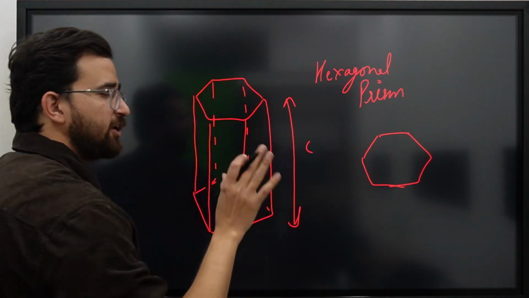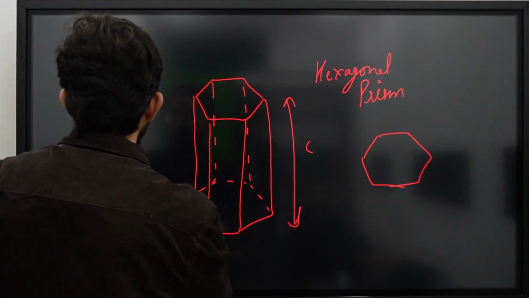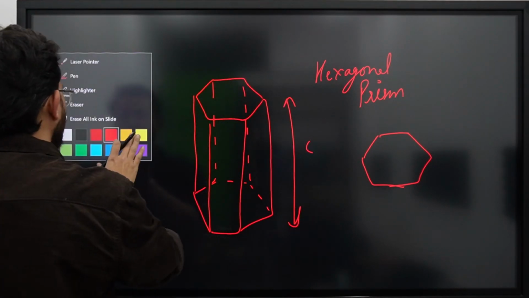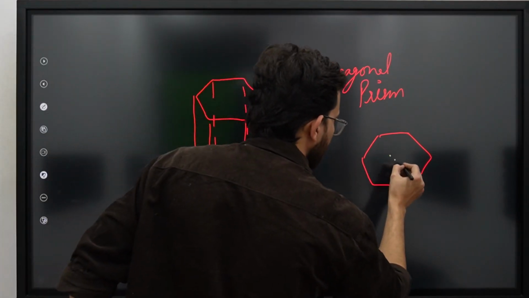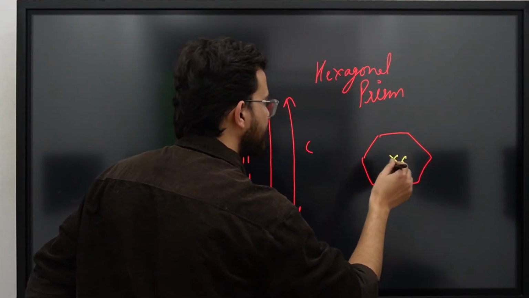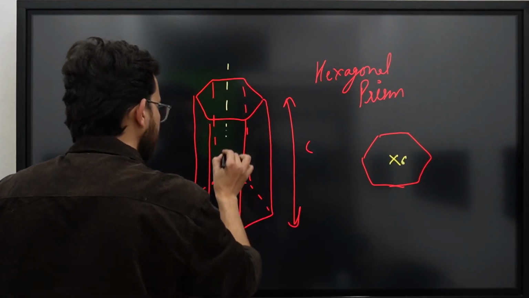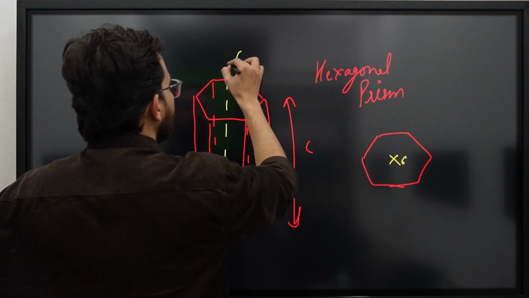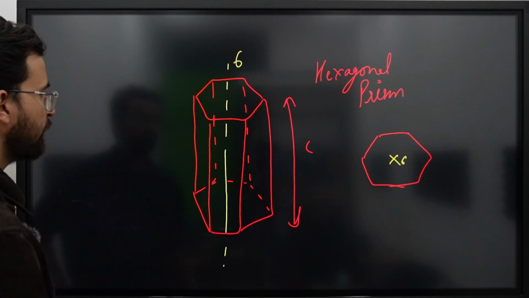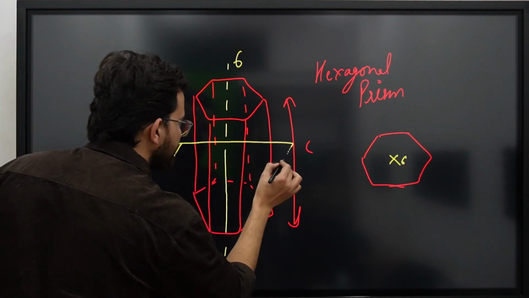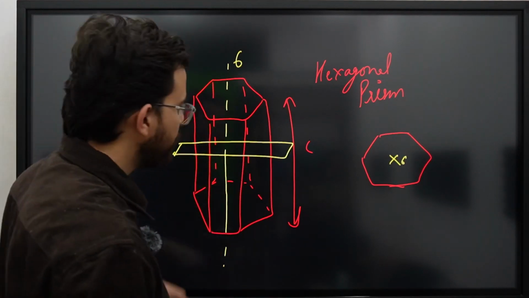What different symmetry elements can you see in this image? I can see that there is a 6-fold rotation going through the center of the prism. There is also a mirror plane going through the center of the prism.